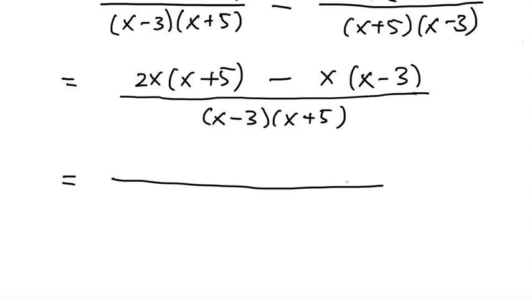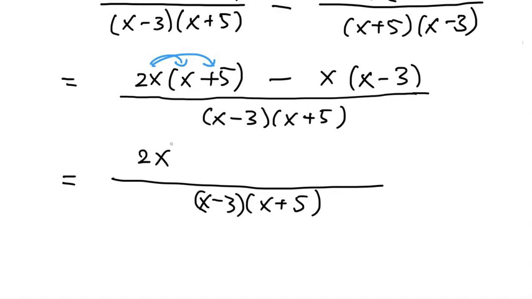Okay, so we have x minus 3, x plus 5, just copy it over. And then we're going to expand everything out. So distribute 2x. And then we're going to get 2x times x is 2x squared plus 2x times 5 is 10x.